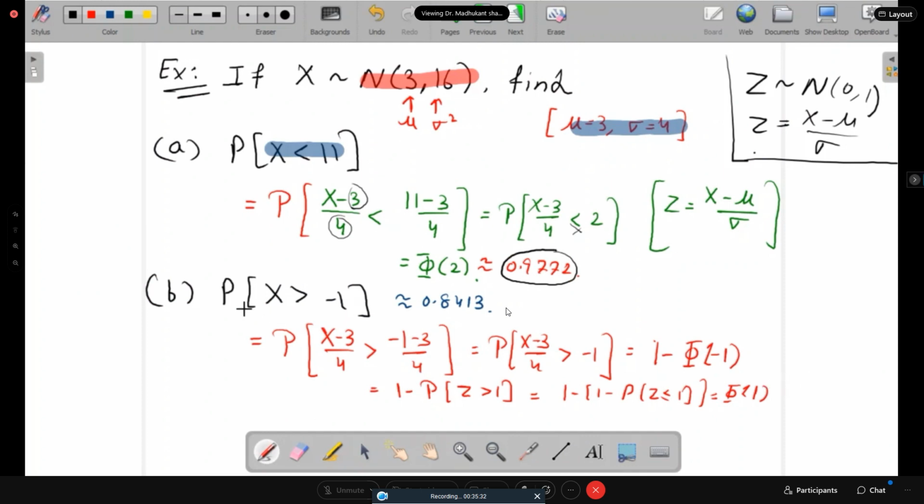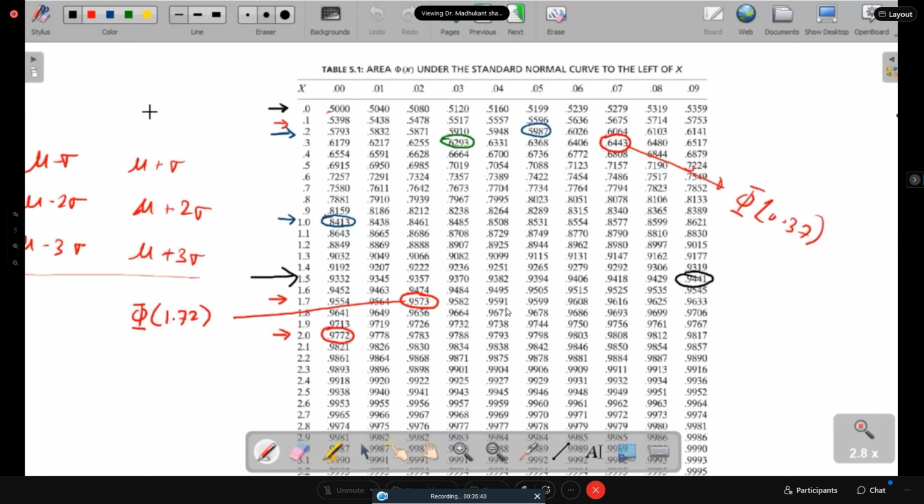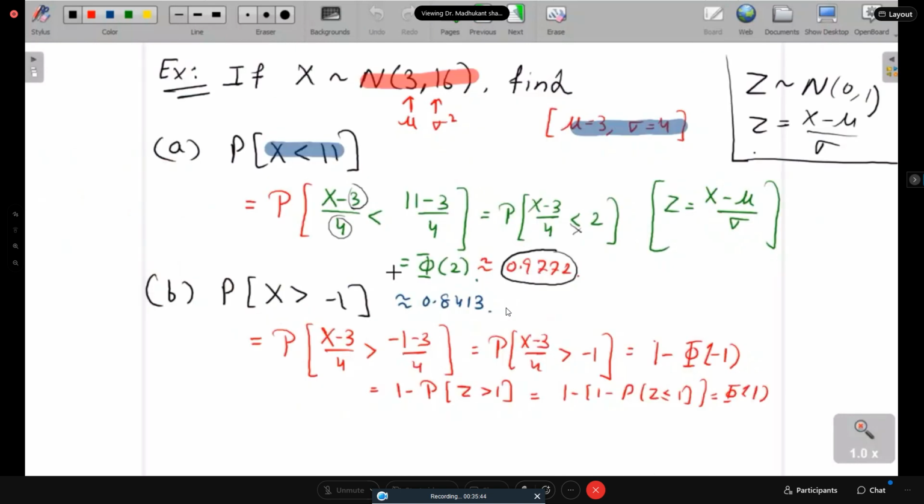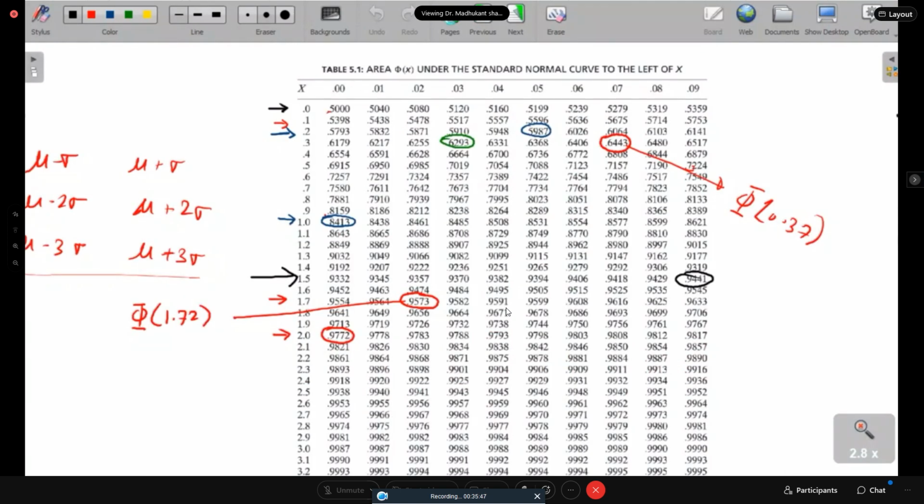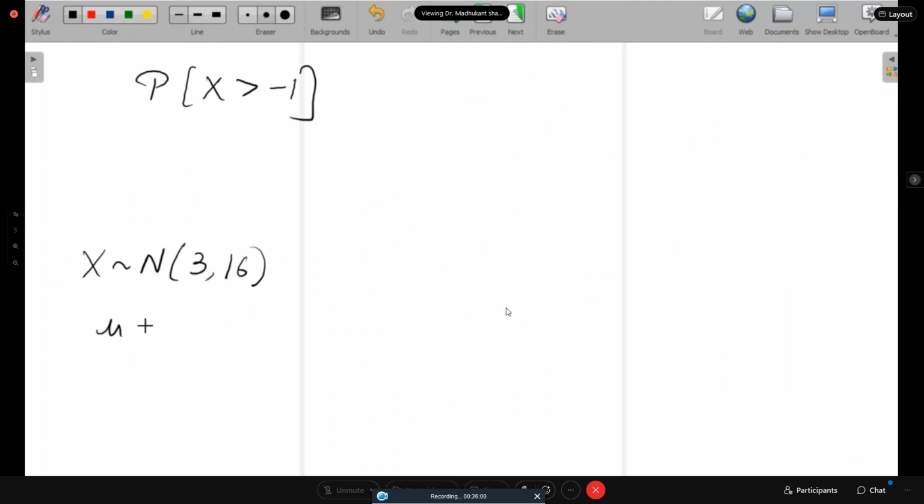Now I'm interested in finding the probability that x is greater than -1. Suppose x follows the normal distribution with mean 3 and variance 16. So mu equals 3, sigma is 4.